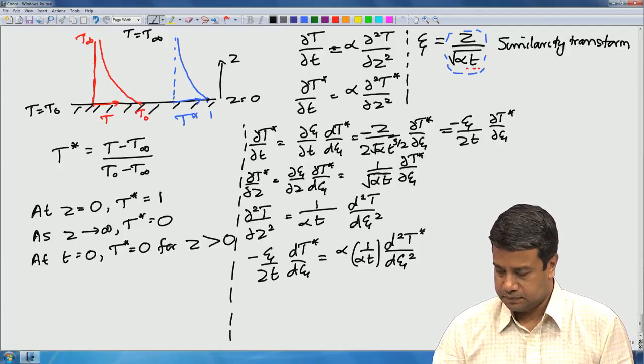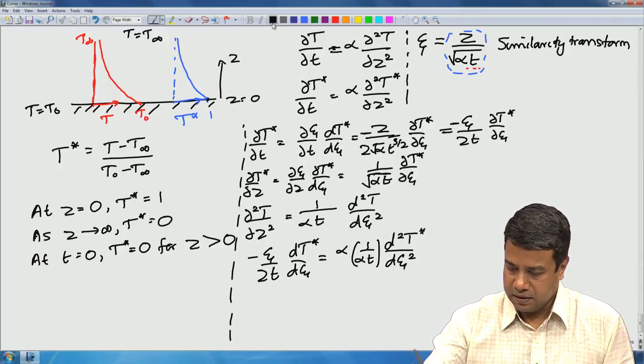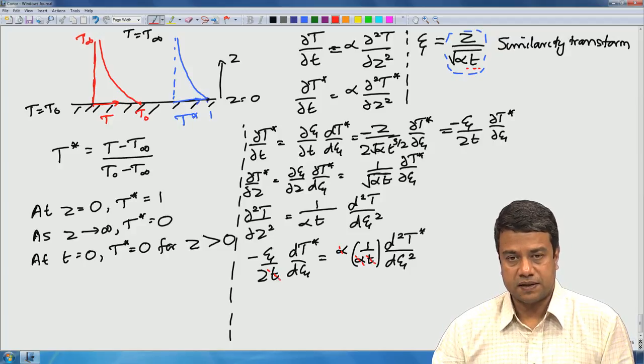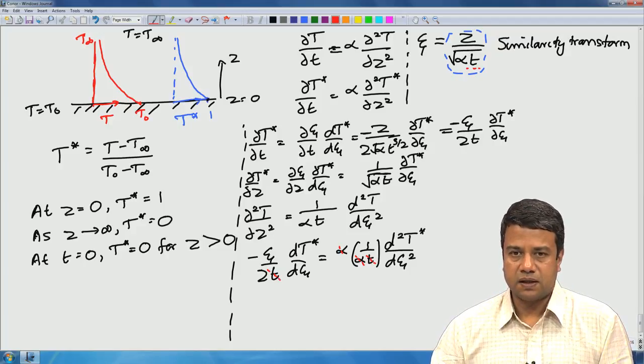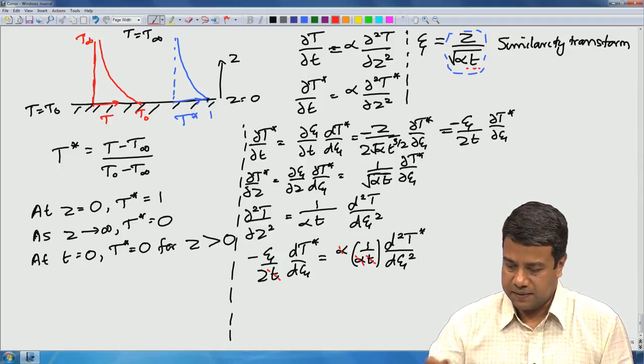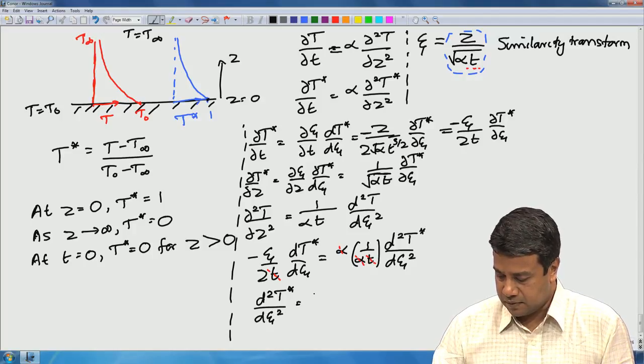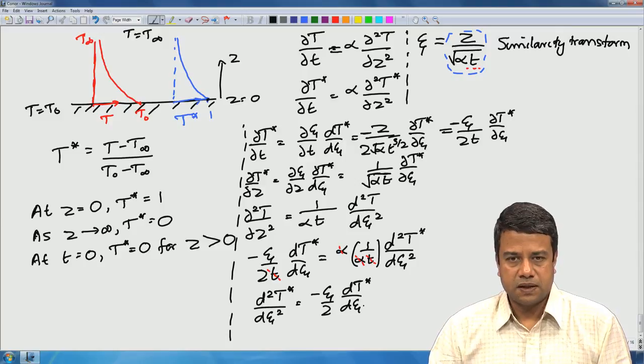And now you can see that the thermal diffusivity cancels out on the right side, and the factors of 1 over t cancel out on the left and the right side, and indeed I do get an equation which is only a function of psi alone. So, the equation that I get is d square T by d psi square is equal to minus psi by 2 dT by d psi.